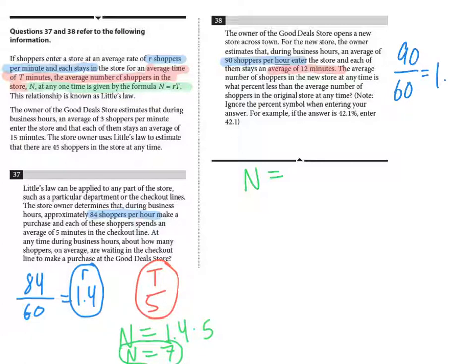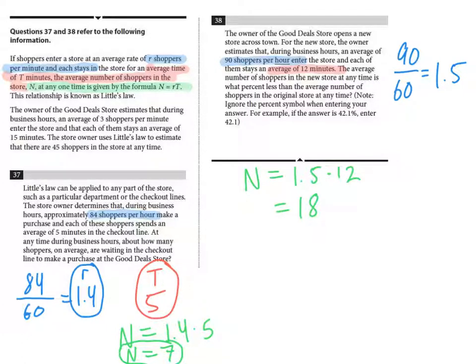That's going to be 1.5. So our R is 1.5, and our T value is the average number of minutes that they stay in the store. That's going to be 12. So we're going to be at 18 here.